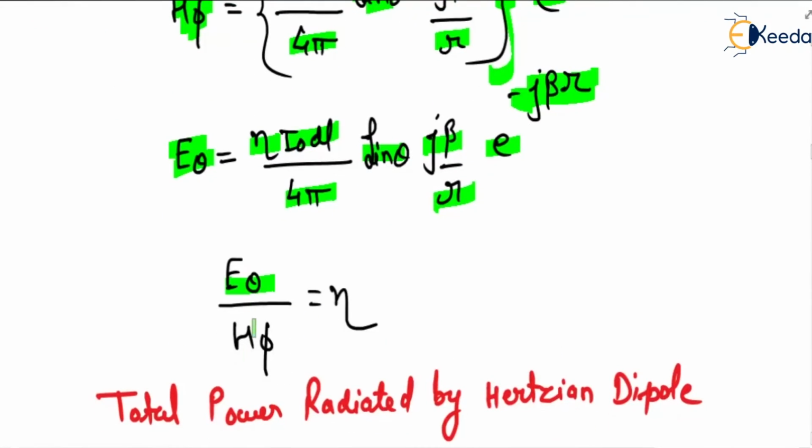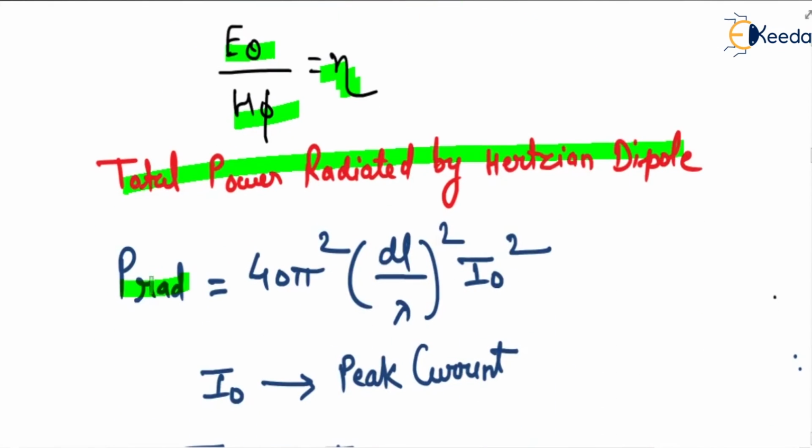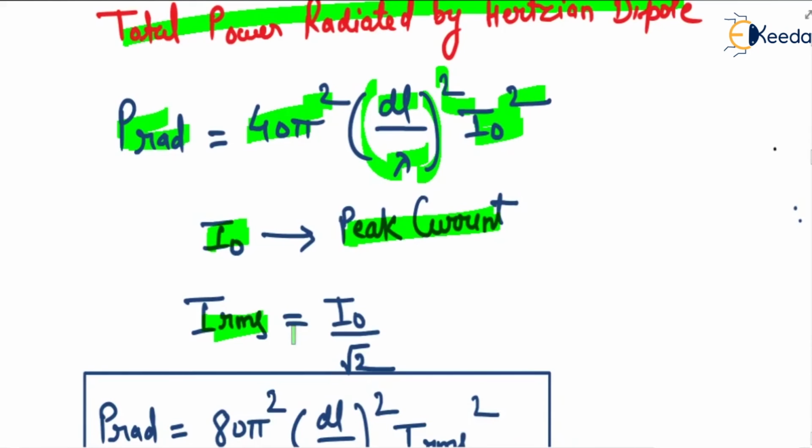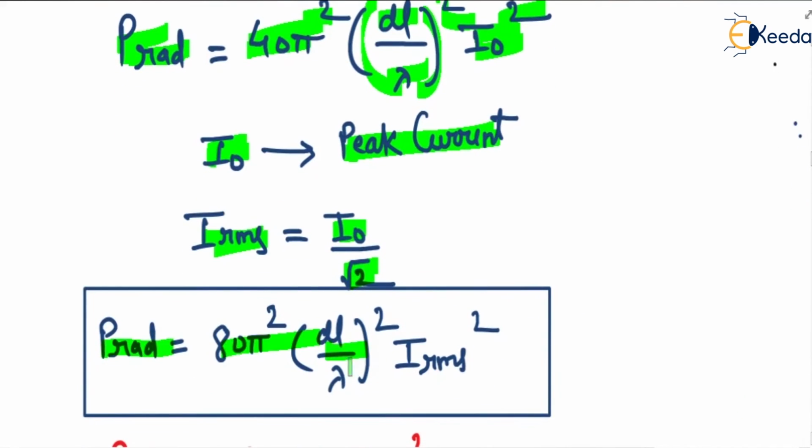So E theta by H phi is equal to eta, and the total power radiated by the Hertzian dipole after calculation is 40 pi square dl by lambda whole square into I naught square, where I naught is the peak current. When we calculate RMS current, it is I naught by root 2, and radiated power is 80 pi square dl by lambda whole square into I RMS square.